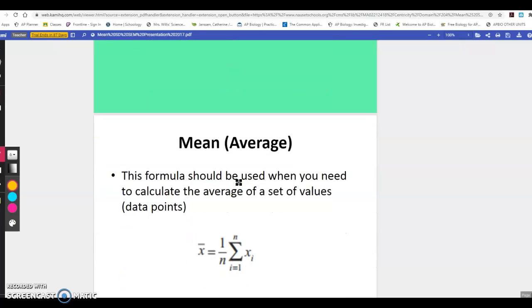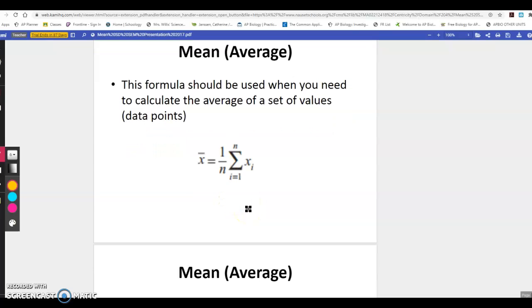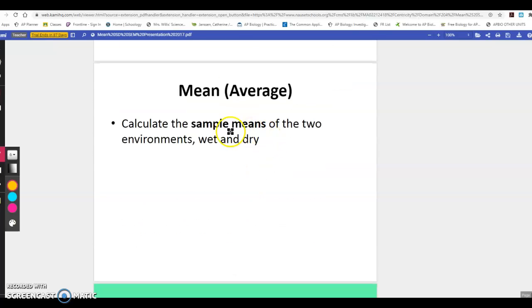The mean, or the average, again has this equation that's going to be on your equation sheet. But really, we're just adding all the values and dividing by however many there were. So if we wanted to calculate the sample means of two environments, wet and dry, we could take the values. Let's say we were looking at temperature data in Celsius, and one was 32.